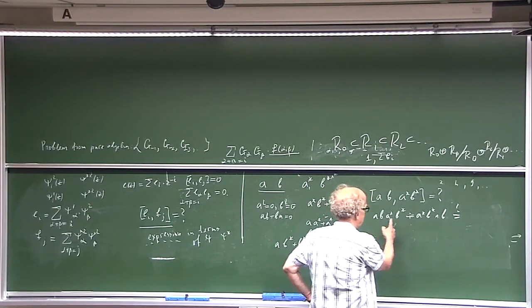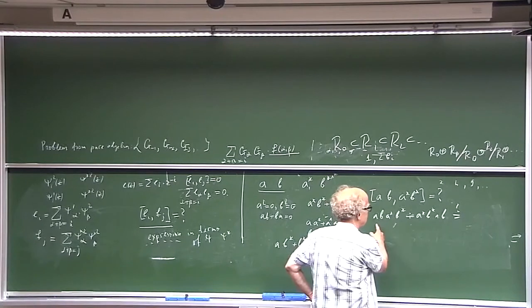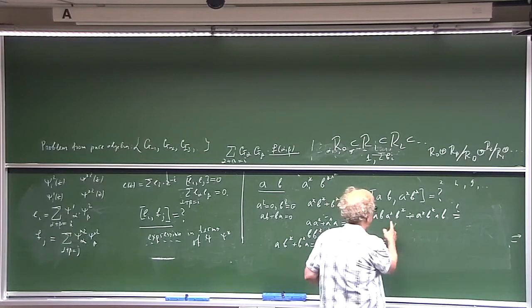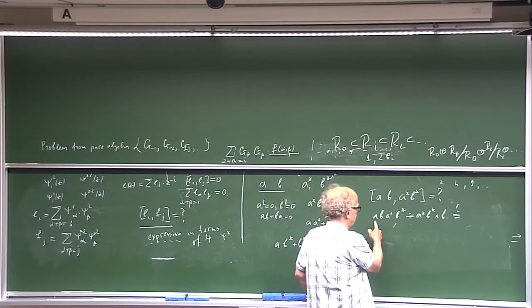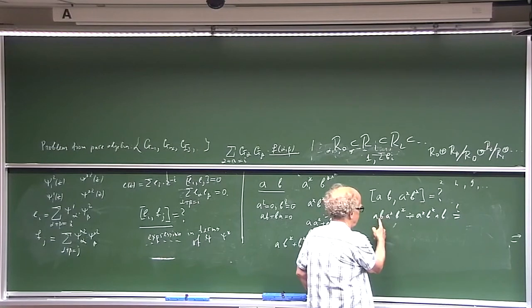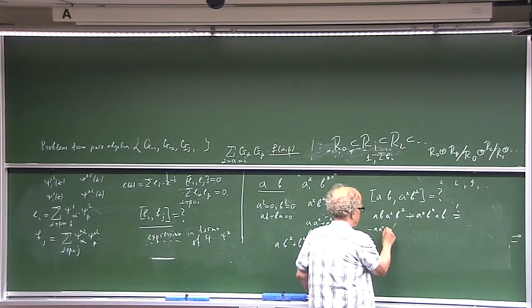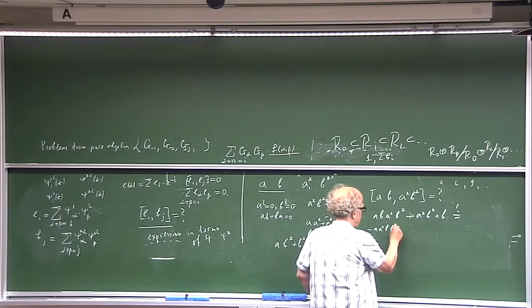Okay, maybe it means I can do it by myself, but let us first do it by two different ways. First, directly, that I want to put here A in the first position, and so it will be minus A star, B star.